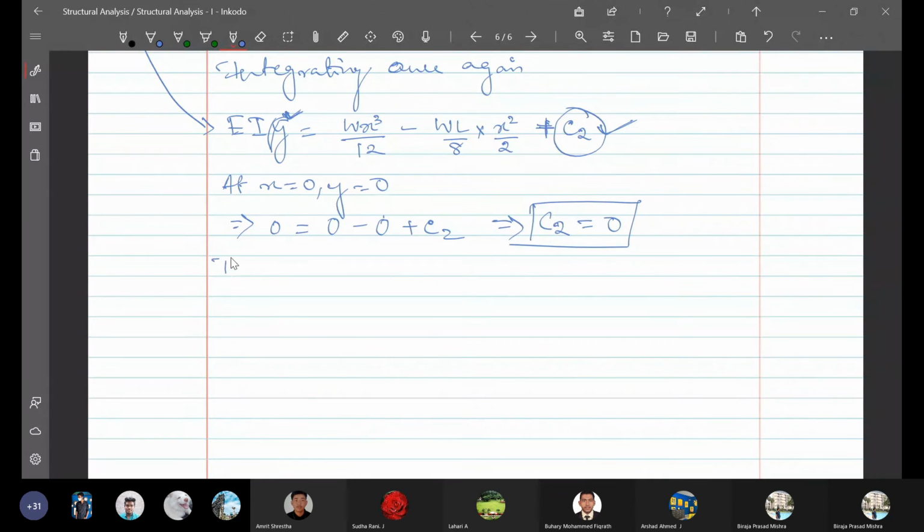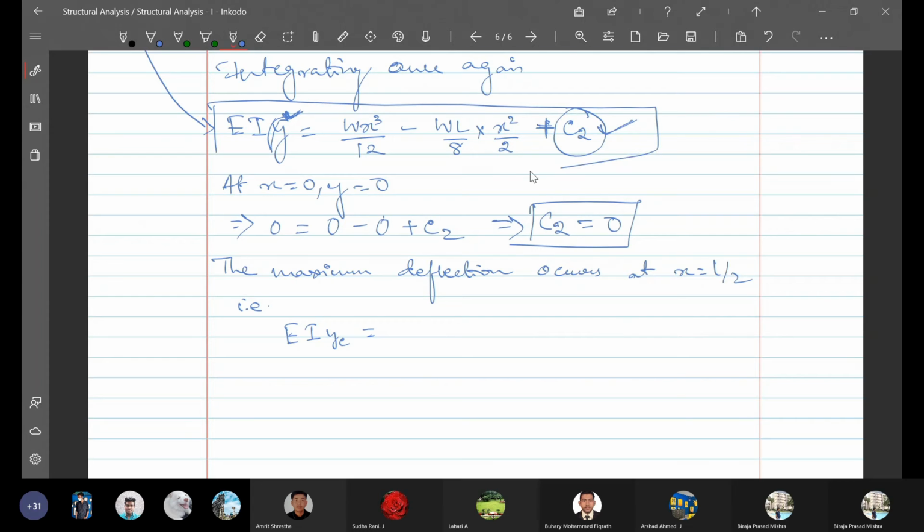So here we can write the maximum deflection occurs at x equals L by 2. So EI into Y at center, YC, equals, I need to put x equals L by 2 in this equation.